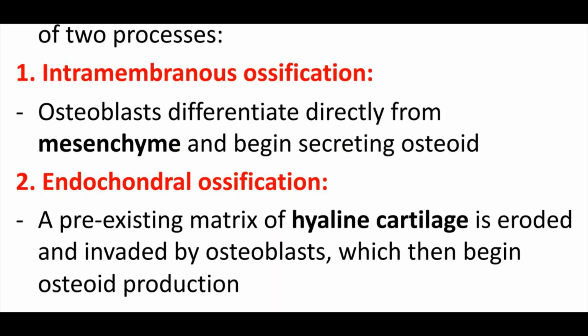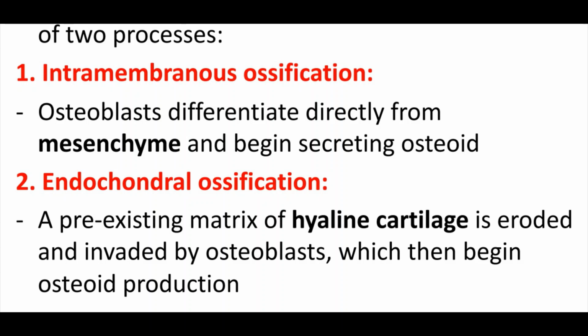What happens is that the osteoblasts differentiate directly from the mesenchyme. Mesenchyme is connective tissue that is found in the embryonic life. When the osteoblasts are formed from mesenchymal cells, they begin to secrete osteoid, which is non-calcified bone matrix.